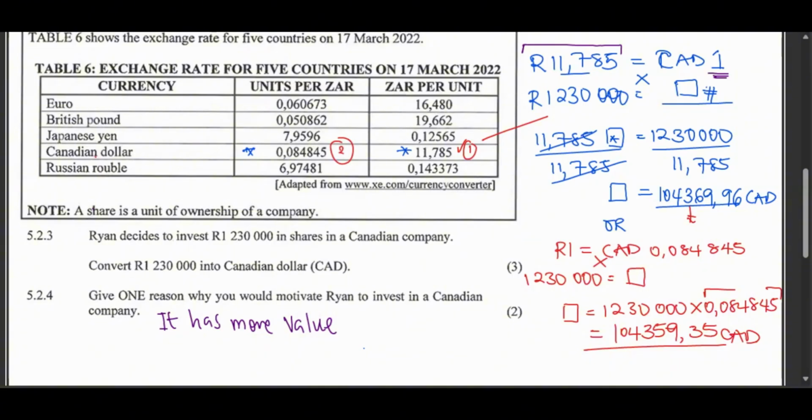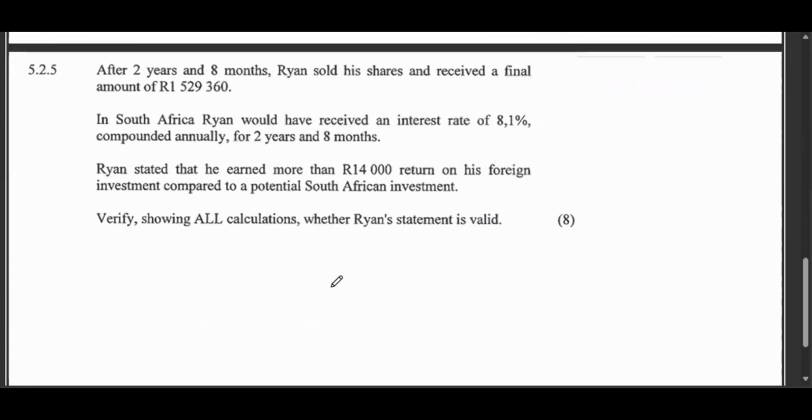So why would you advise him to have foreign currency? It's because it has more value. Okay, here we go. Our interest part of it. After 2 years and 8 months, Ryan sold his shares and received a final amount of 1,529,360.